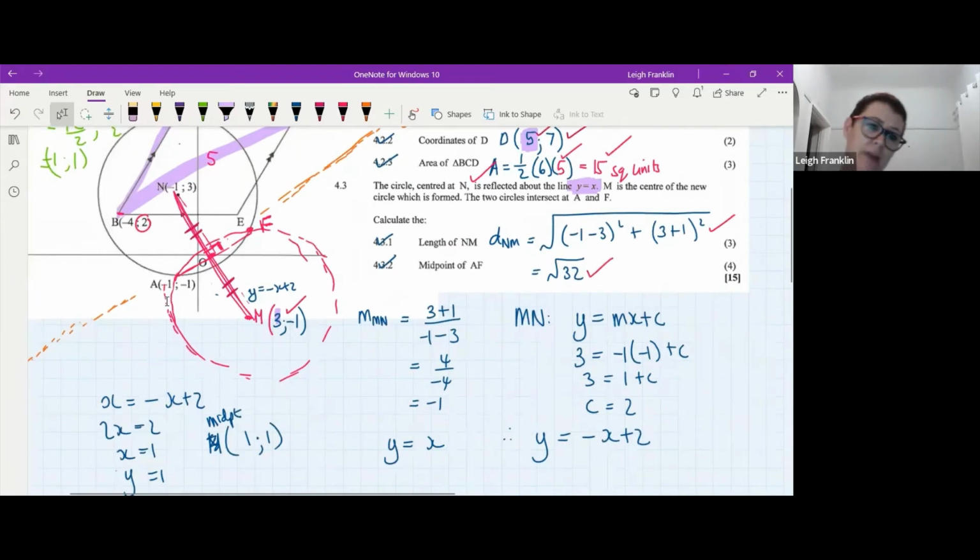So AF lies on the line y equals x. We're going to work out the equation of line NM, and then we're going to do a simultaneous solution. So working out the gradient of NM, that's what's given us -1. Here we worked out the equation of line MN. It is the line y equals minus x plus 2, and then we are saying that these two lines cross one another at 90 degrees.